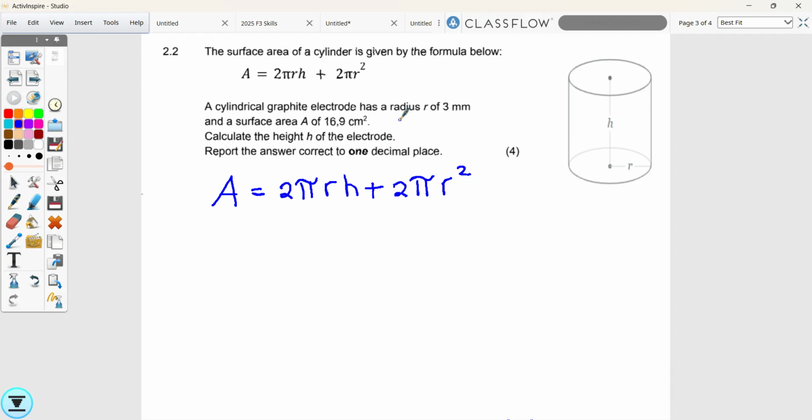Since the radius is 3 millimeters, you have to make it centimeters or keep it 3 millimeters. Okay, so we have a problem here. He's absolutely right. We've got centimeters. That's the next thing you need to do before you substitute your values.